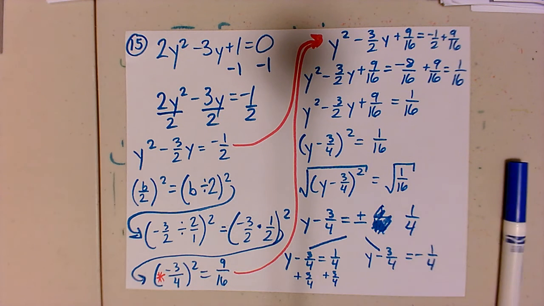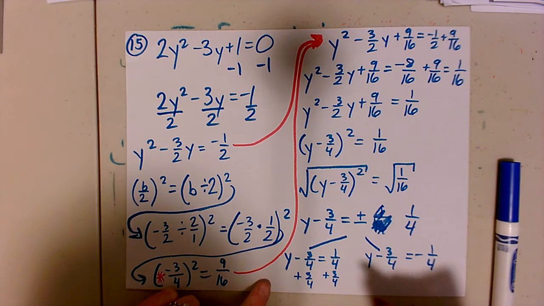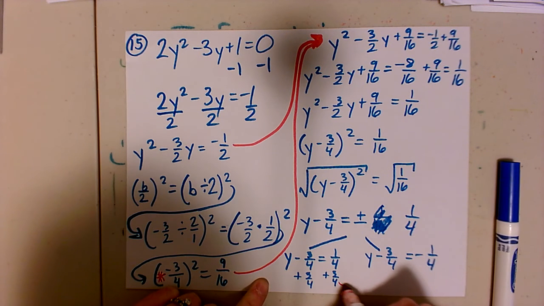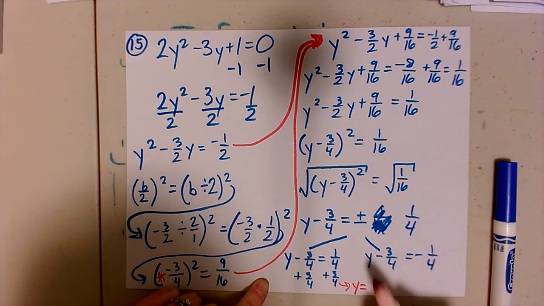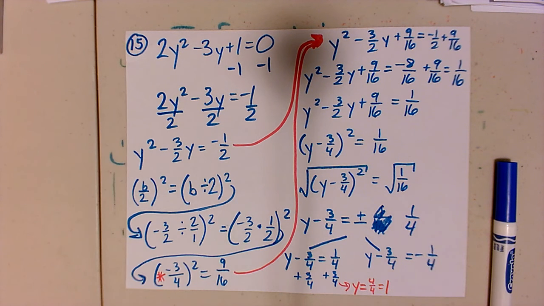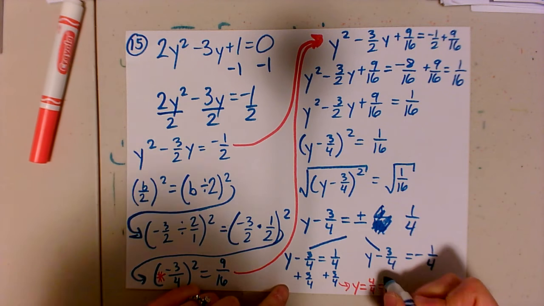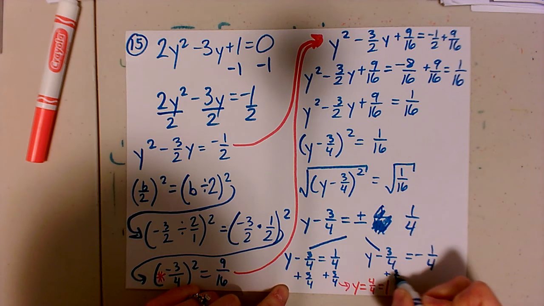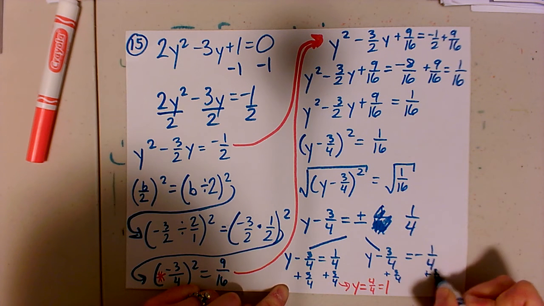Okay, and then I'll do this in red just so it doesn't get jumbled up with everything. So then the answer that I get over here, well, 1/4 plus 3/4 is 4/4, which is going to be 1.